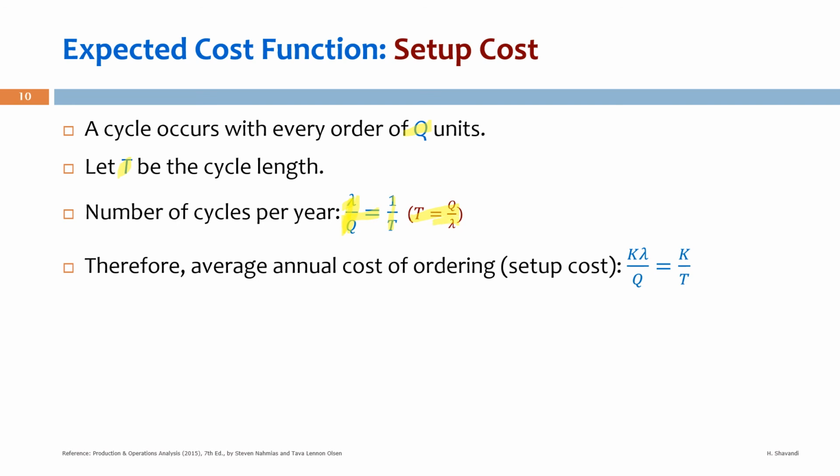So now the average annual cost for ordering or setup cost will be K times lambda over Q, or K divided by T. So why do we have these two terms here?